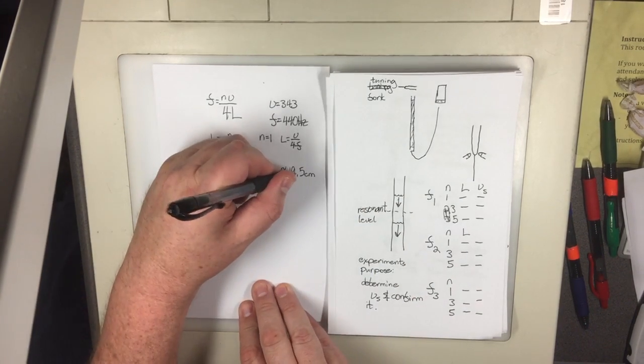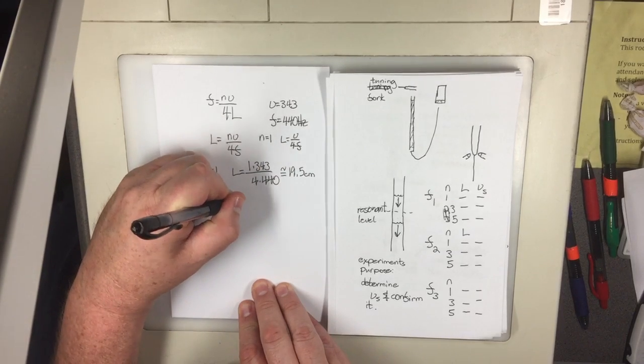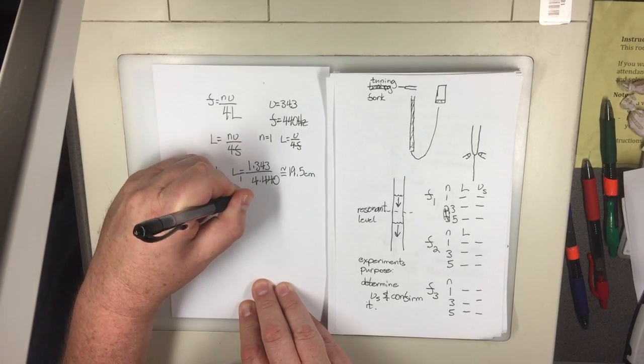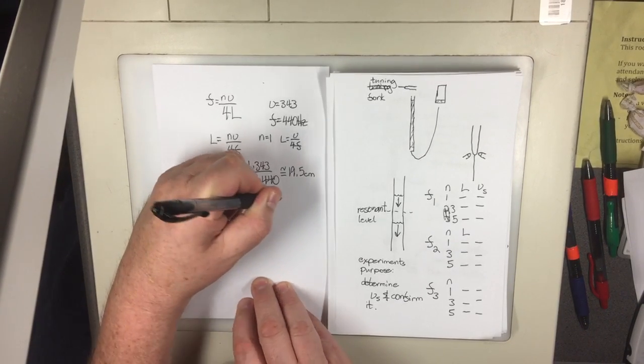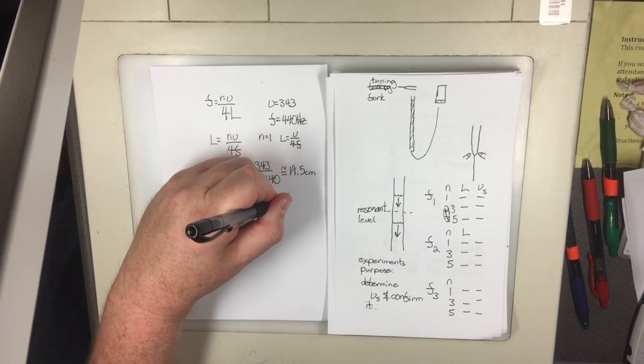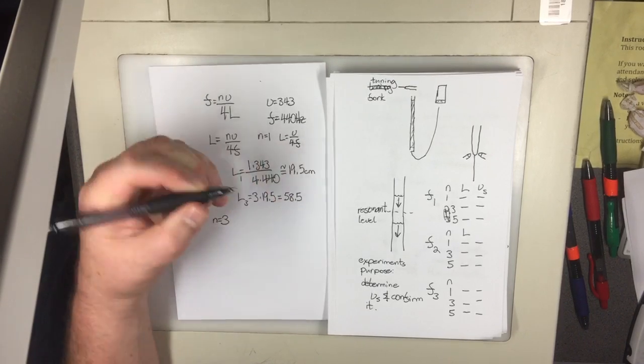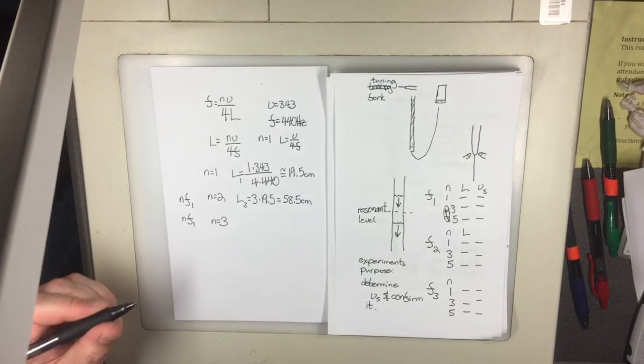So you could take that 19.5 and multiply it by 3, and that gives you 58.5 centimeters.